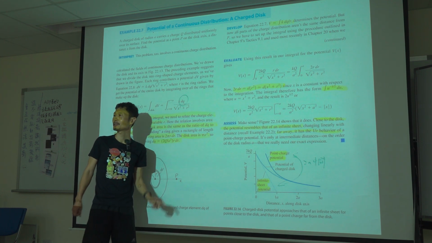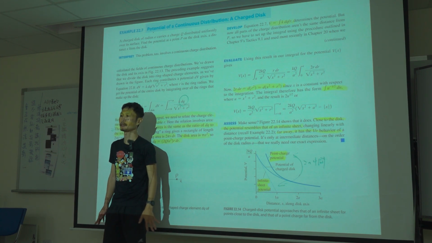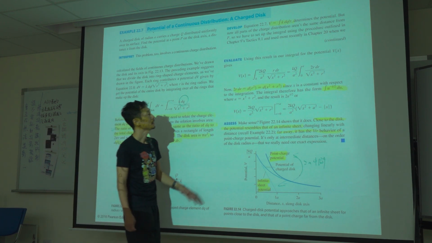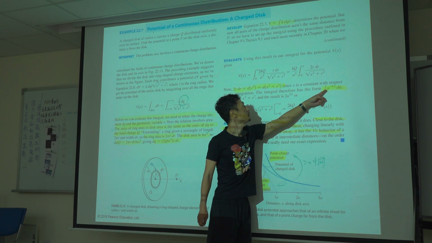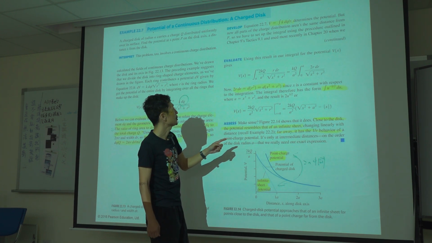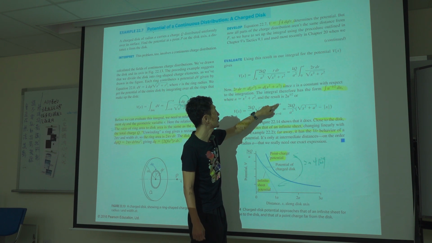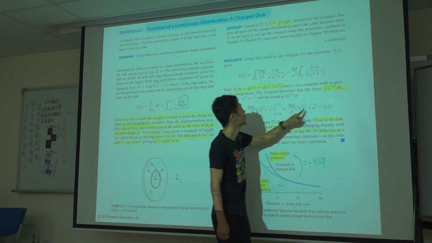This is the substitution method, something like that. You learned in high school how to do this. Then if you integrate this and put in the limits 0 and a, it becomes this and then this.